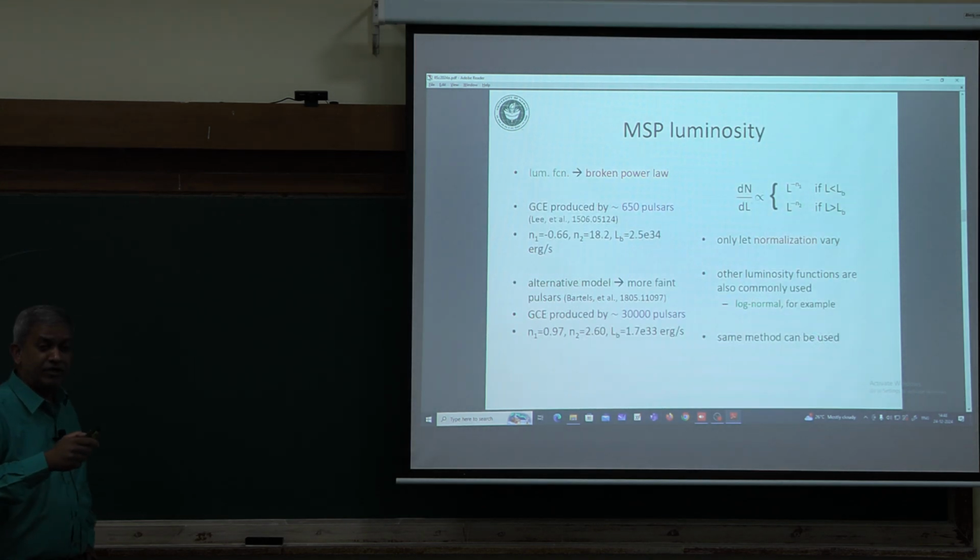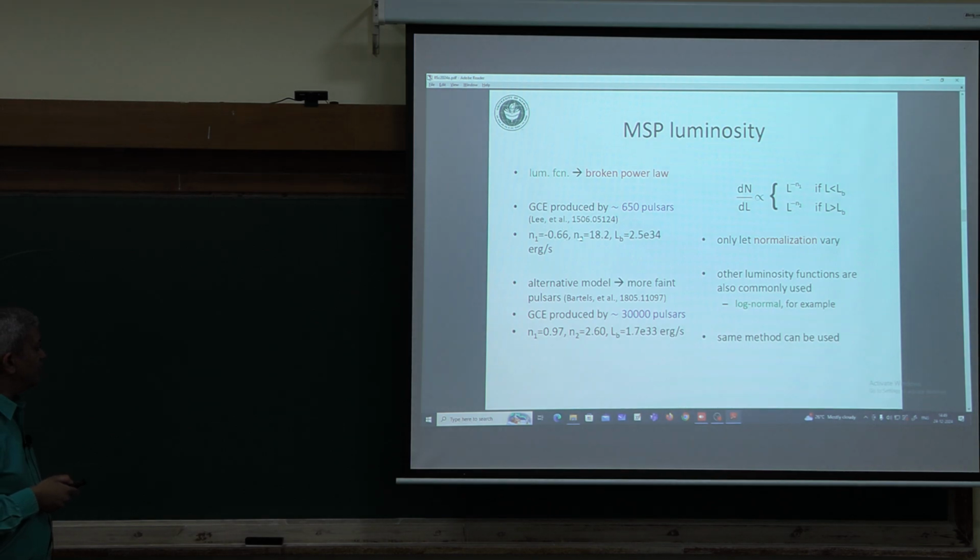You also need the millisecond pulsar luminosity distribution. And we use a parameterization, which is a broken power law form. So essentially the parameters you have are the two power laws, the breakpoint, and the overall normalization. But the only one we're going to allow to float is the overall normalization. We're going to look at a couple of models where we fix the other parameters. So one choice we're going to use for a model for the pulsars is from Lee and company.